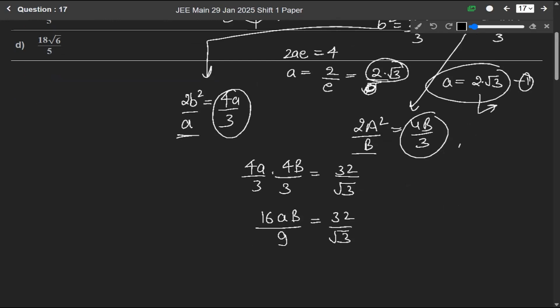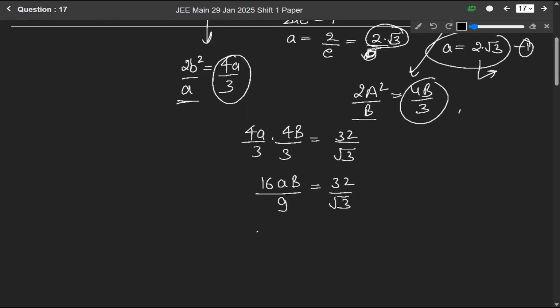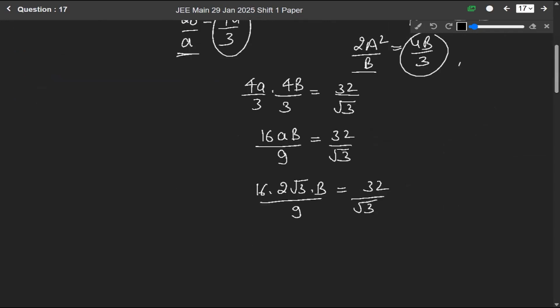And a is this, so we can write 16 into 2 root 3 into b over 9 equals 32 over root 3. So we can find the value of b as 32 into 9 over 16 into 2 root 3 into root 3.